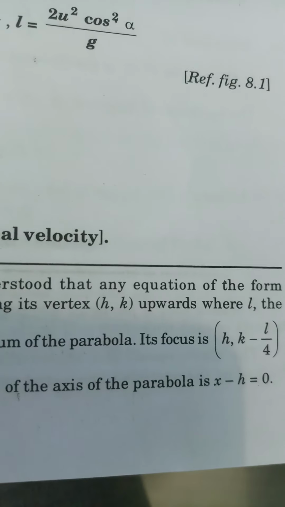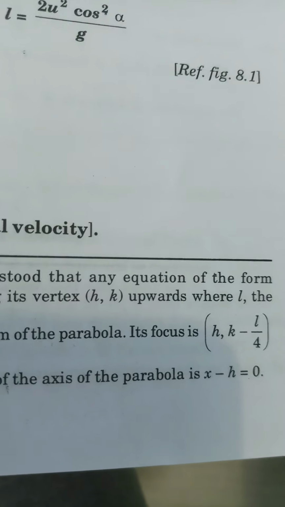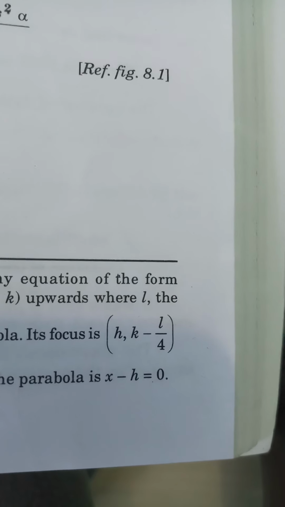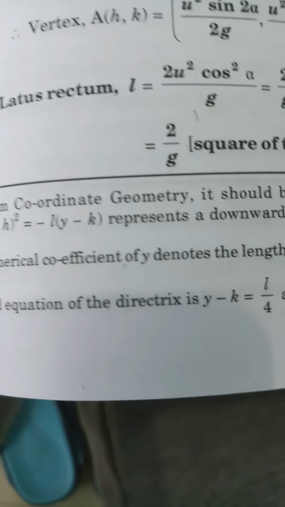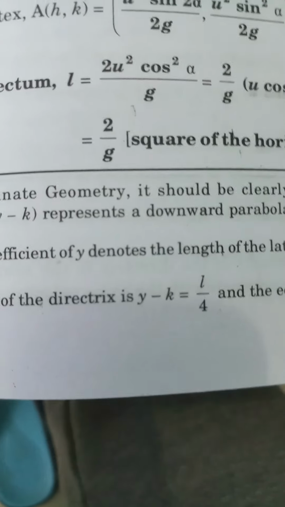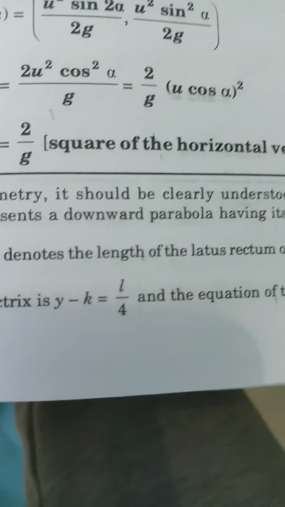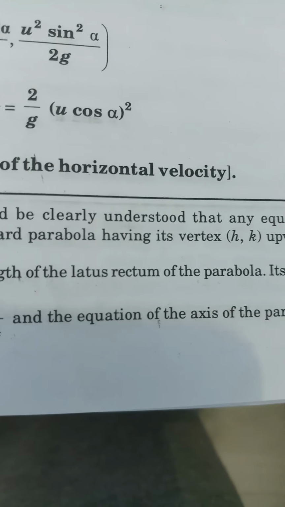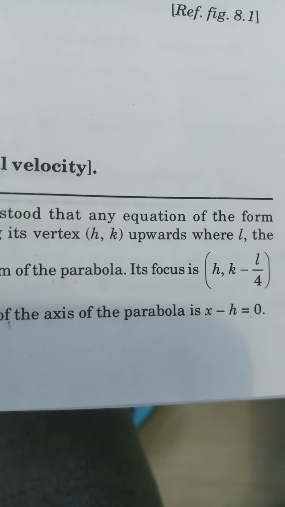Its focus is h comma k minus l by 4, and the equation of directrix is y minus k equal to l by 4, and the equation of axis of the parabola is x minus h equal to 0.